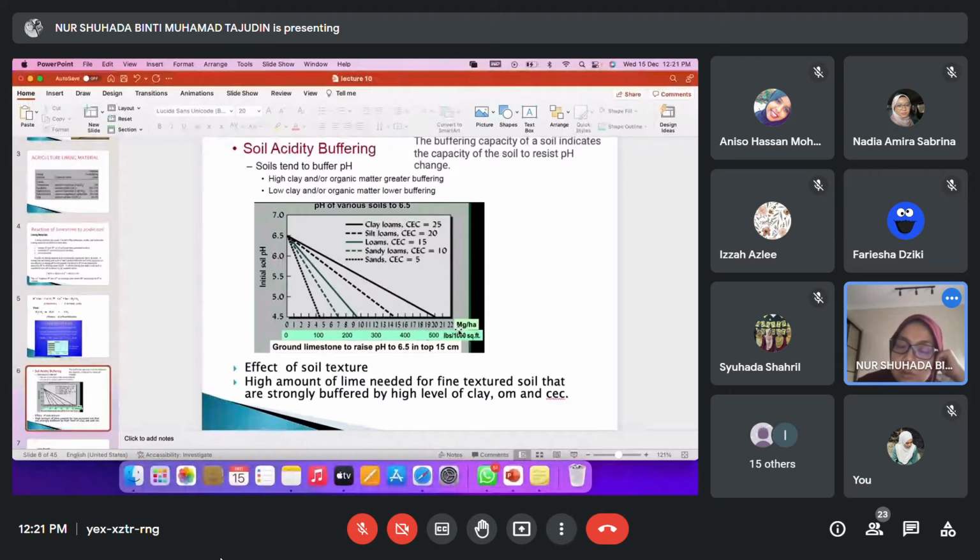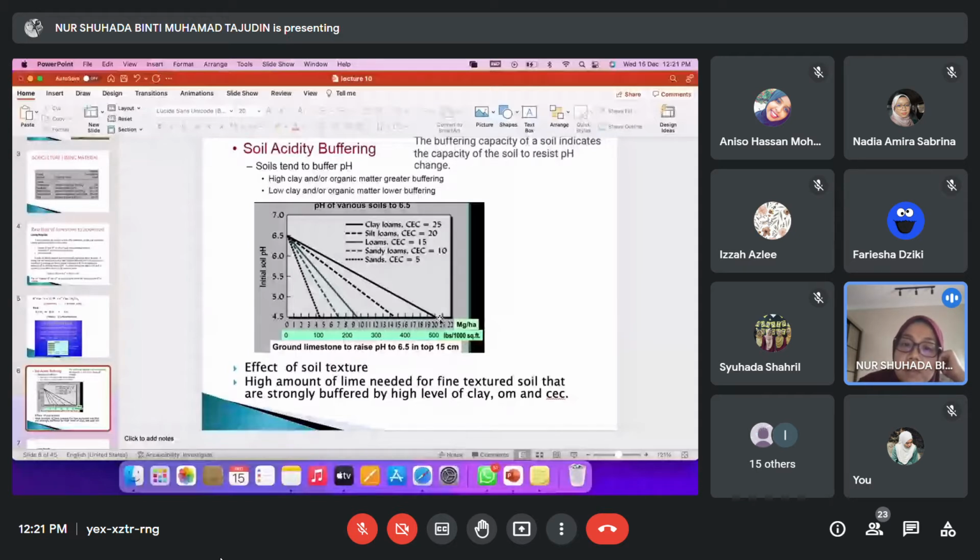Maksudnya untuk naikkan tanah clay, walaupun pH dia sama, so I speak in BM first, I repeat in English. Untuk naikkan dua jenis tanah yang CEC dia 5 dan 25, pH dia sama 6.5, tapi dua jenis tanah berbeza because of the texture.